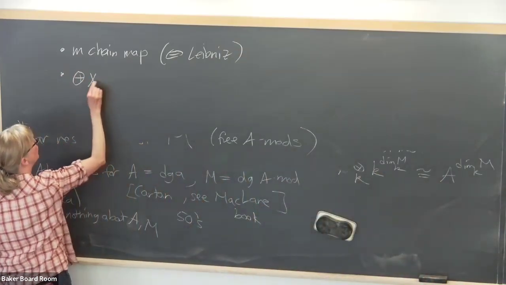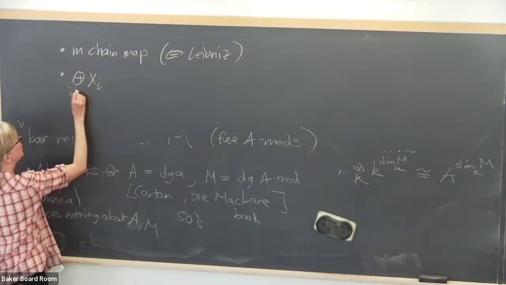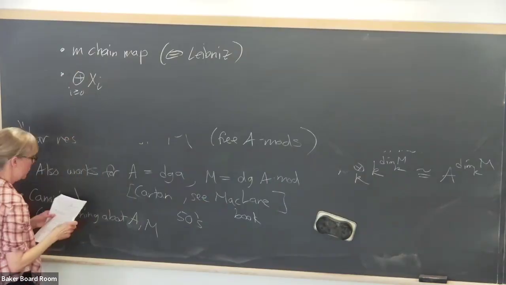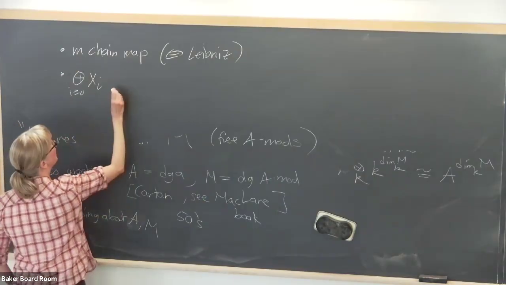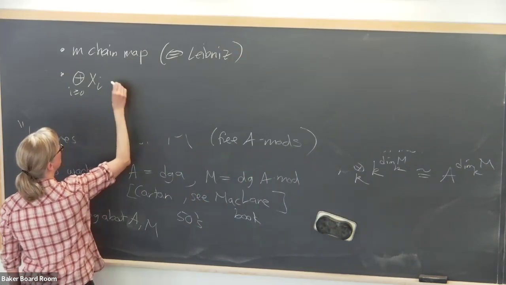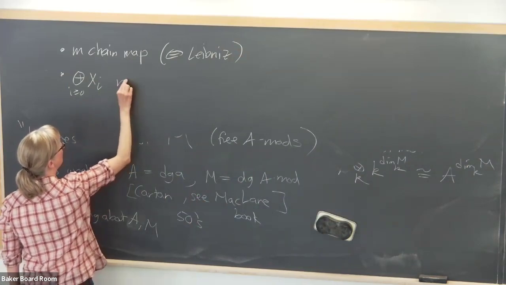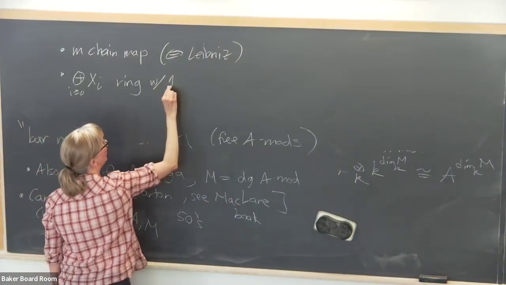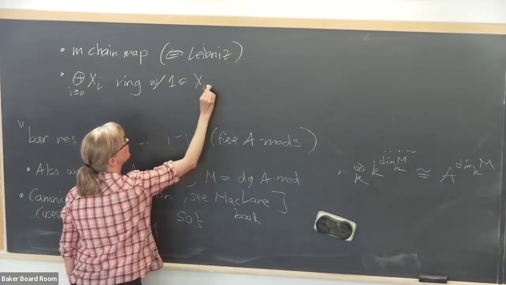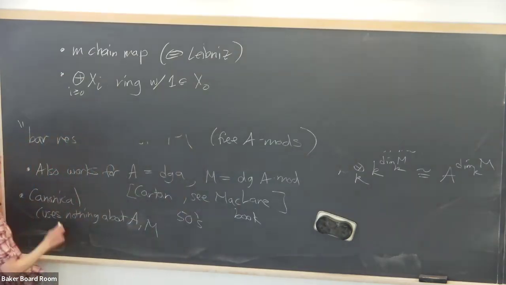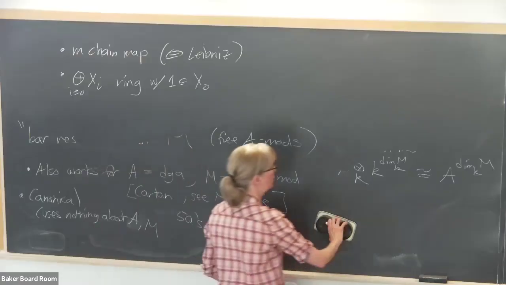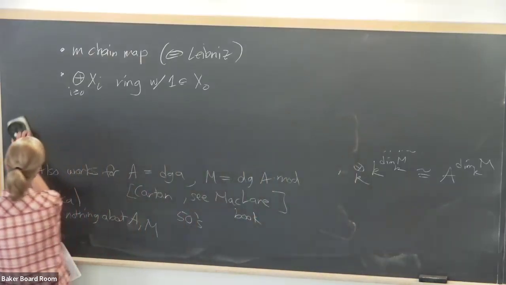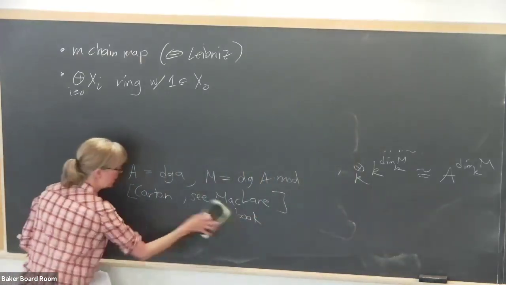So the direct sum of all the X_i, i bigger than or equal to 0, is a ring, with unit, with 1 sitting in degree 0. And I think I only want non-negative degrees, although if you localize, you might want to consider more general DG algebras.